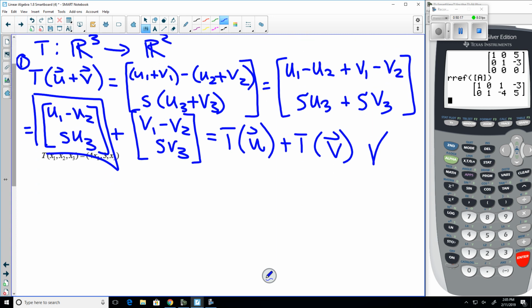I'm going to have to forget this one for a second. We need to prove condition 2. Scalar multiple. Can we factor out a scalar multiple? So let's find the transformation of any scalar c times this vector u that could be any vector in R3.